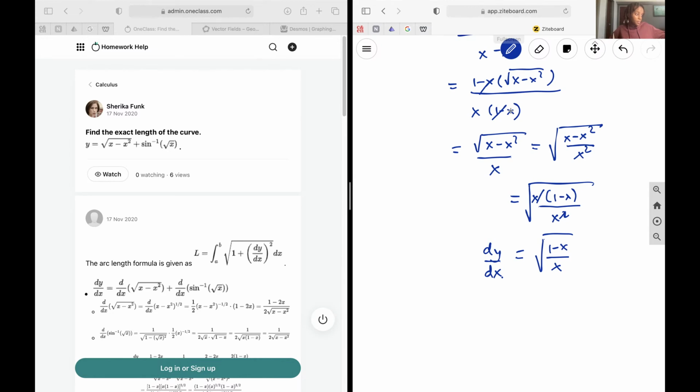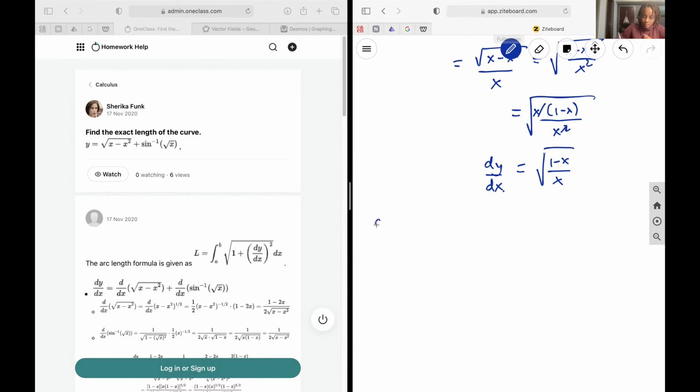Before I put it into my formula, I'm going to need to find my integration bounds, and they will be dependent on the domain of what our y is. So let's look at the pieces of y. The domain of root x minus x squared is just that x minus x squared needs to be greater than 0, so x needs to be greater than x squared, which means 1 needs to be greater than x, according to this one.